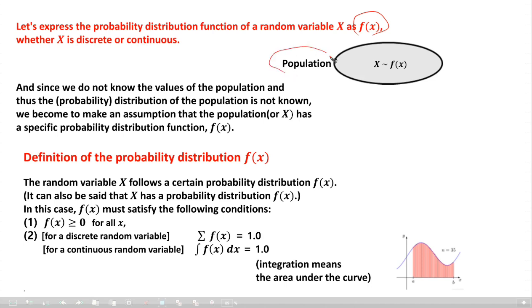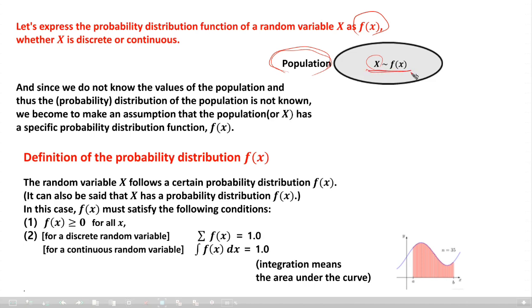Okay, we have a population. Population means random variable x. If you have a random variable, you have a population, then it will have some probability distribution function, f of x, like this. Okay?